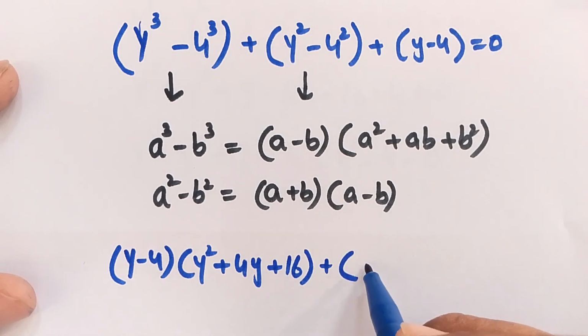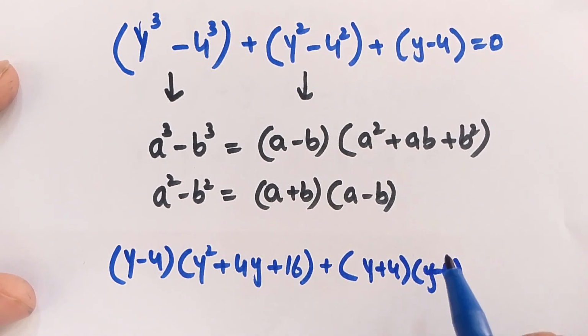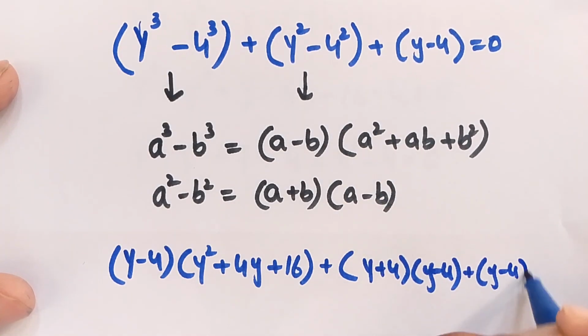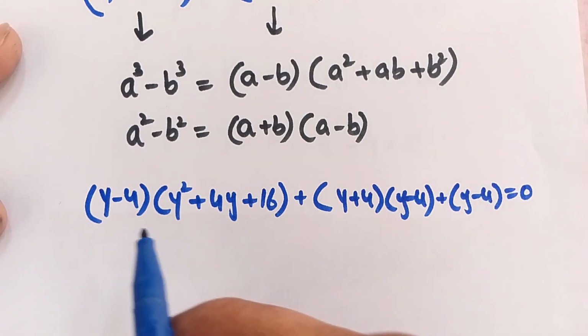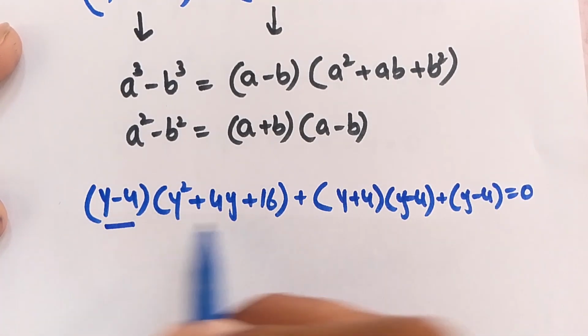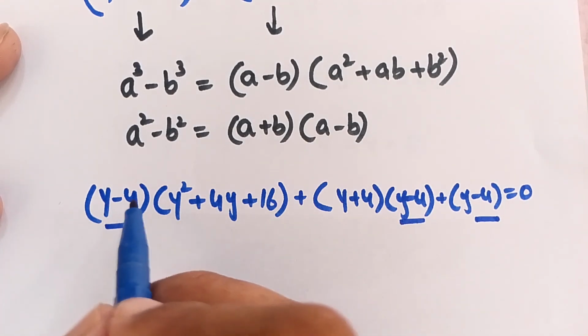So this will become (y + 4)(y - 4) + (y - 4) = 0. Now to solve this, this y - 4, this y - 4 and this y - 4 are common, so we have to take y - 4 common.